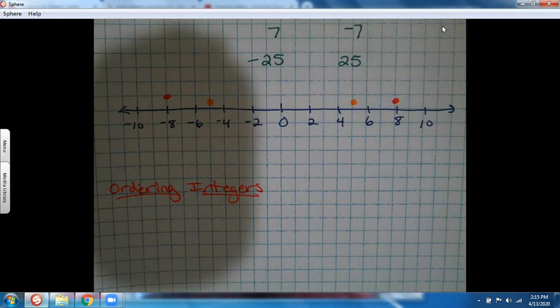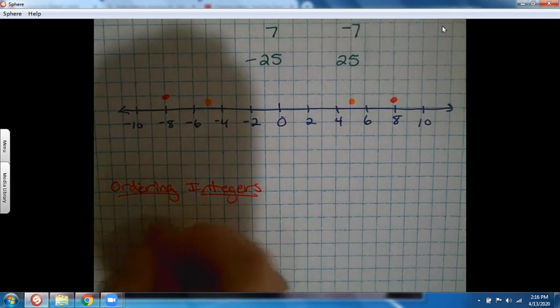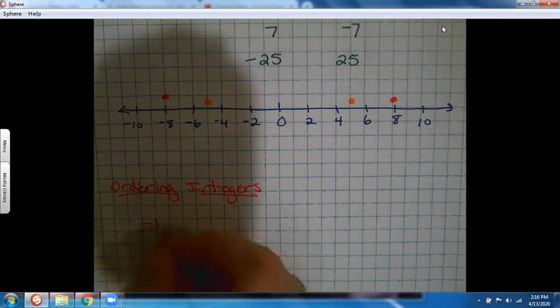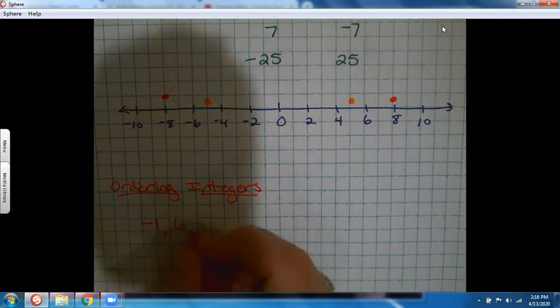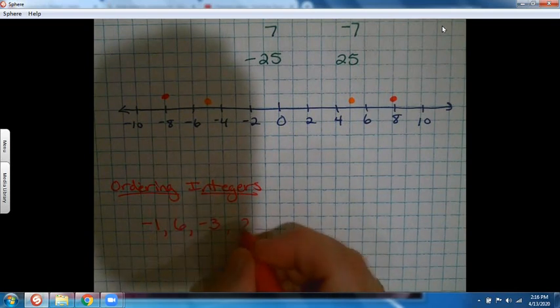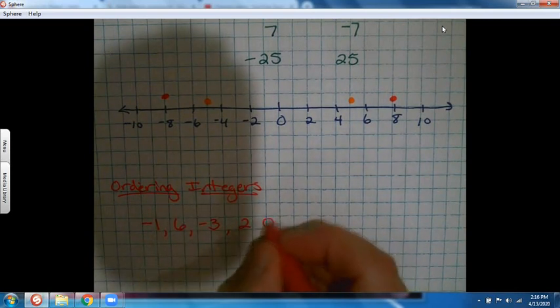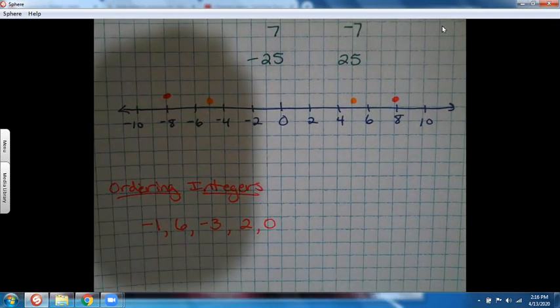Putting them in order on a number line. Okay, so let's say I have -1, 6, -3, 2, and 0. Okay, so those are my integers.